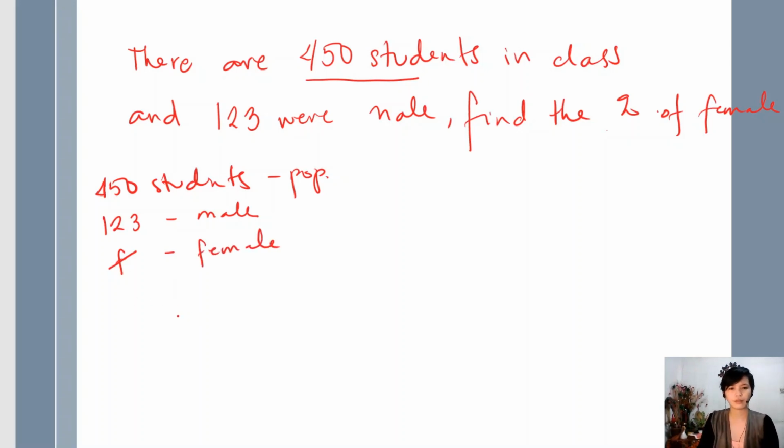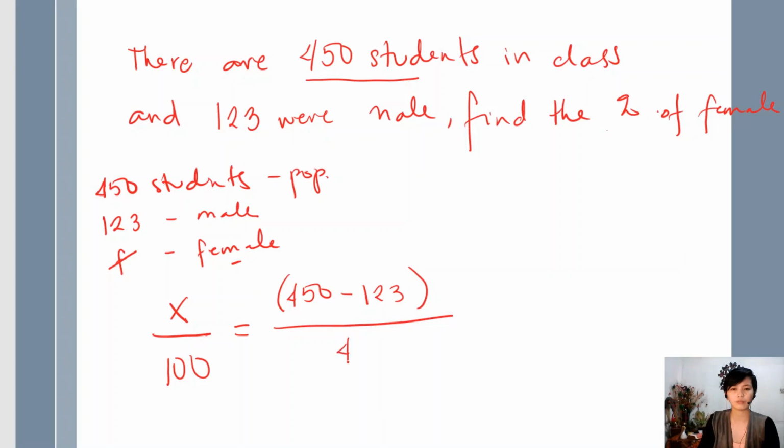Now, how are you going to solve that one? You have to write that one: X female over 100. Since we are looking for female, the one that we're going to write here is 450 minus 123, which is the number of male, divided by the total number of the population, in order for us to get the number of female students.